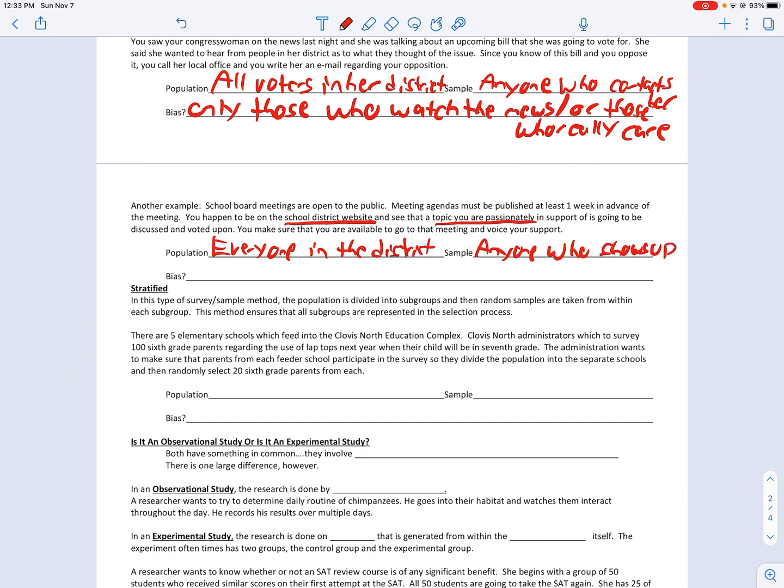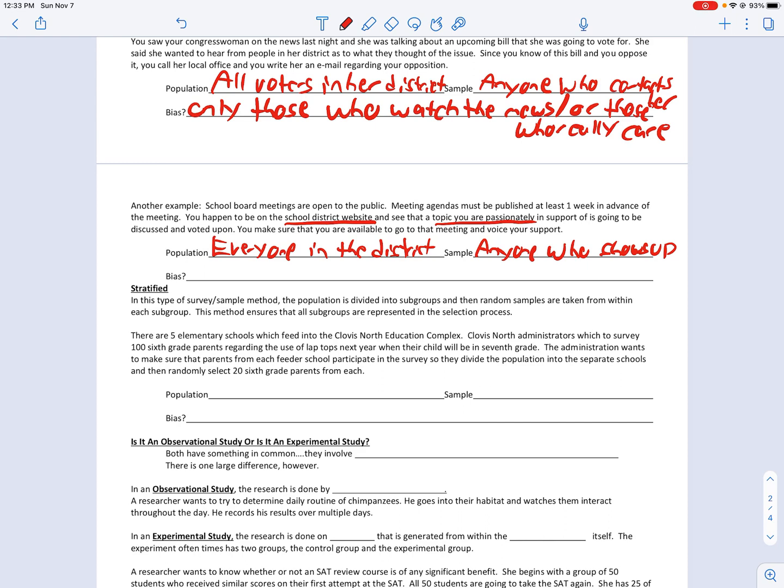Is there bias? Well, ask yourself, how many of you have ever been to a school board meeting? Right? Not very many of us, right? So first off, to even go, you have to know when the school board meeting is happening. So there's some bias there, because that means we're looking for something. You had to even know when the meetings were. Second, you have to really care to go to the meeting and speak up.